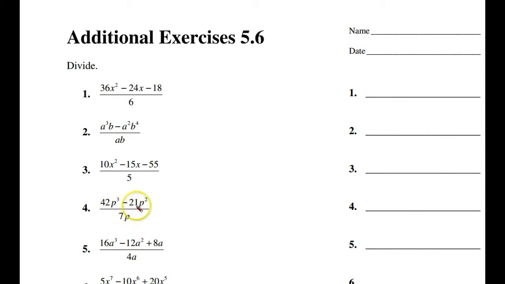So what I'll do is I will set these up and then show you the technique for solving them. So the technique is, if we have a trinomial, we're going to divide it into the 3 terms on top and then take this common denominator and put it under each term.